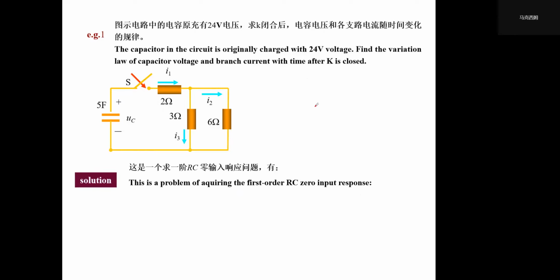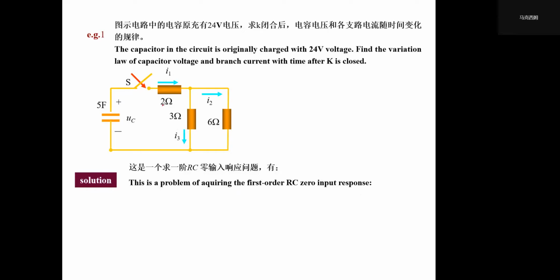Still, this is a typical problem of acquiring the first order zero input response. So we can use the conclusion we have directly.